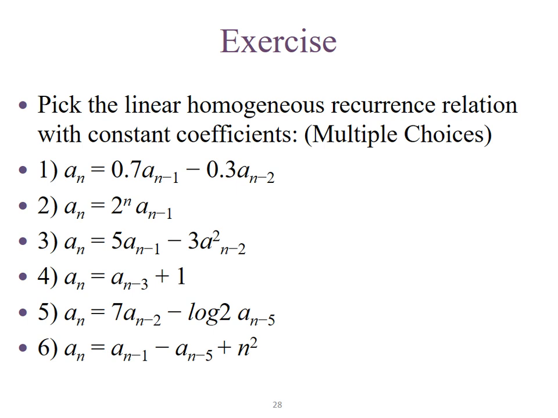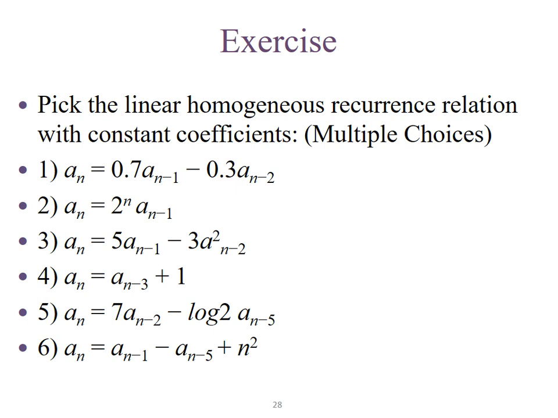Okay, so we have plus 1 here. So we have some term that is not related to the previous terms. We can only use previous terms, minus 1, minus 2, minus k. But now we have a constant or scalar here. It's not related to the previous term. So it's not homogeneous. And how about 6? Okay, we have additional terms which is a square, so it's also not homogeneous. Very good.